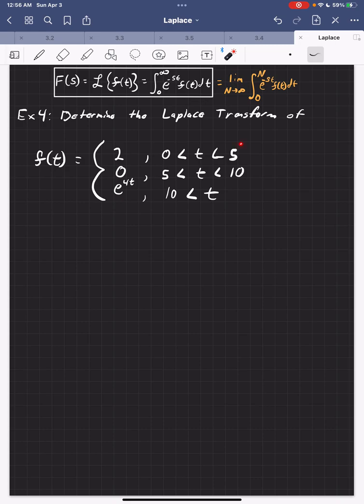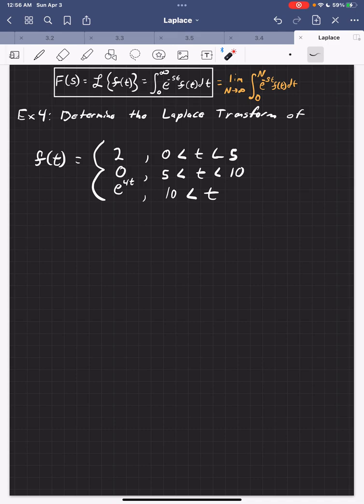What happens is the 5 and the 10 are basically jump discontinuities. If you have continuity, you can draw your curve without lifting your stylus. But if you have a jump discontinuity, you have to pick up your pen or your marker to draw that curve.